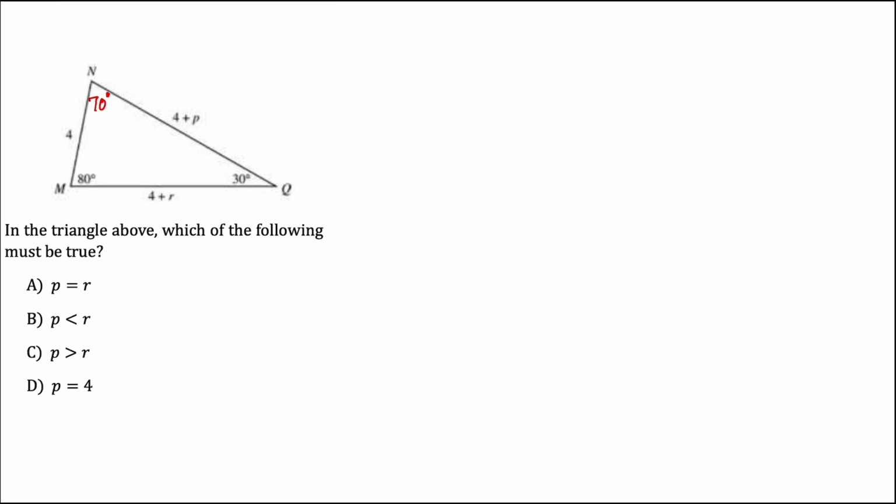So the greatest side is opposite to the greatest angle. So therefore 4 plus P is the greatest side. Next greatest is opposite to 70 degrees, which is 4 plus R. And the least is 4.